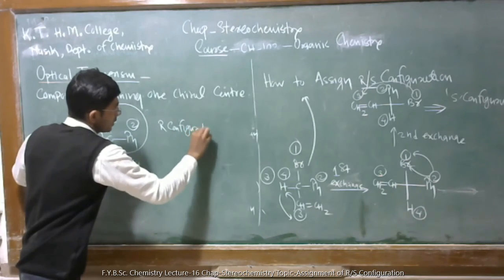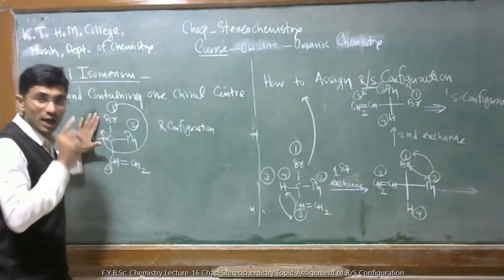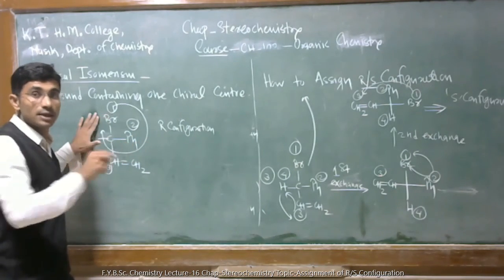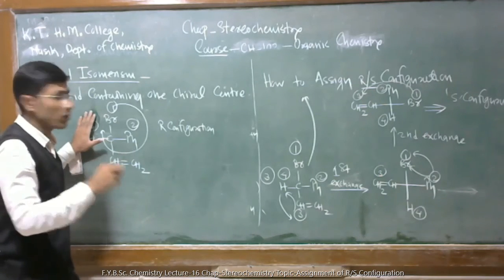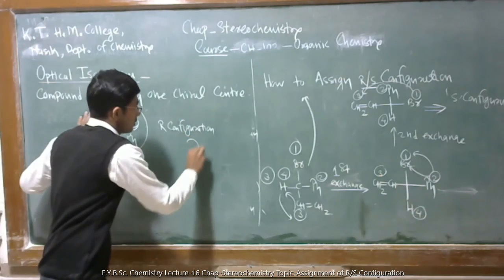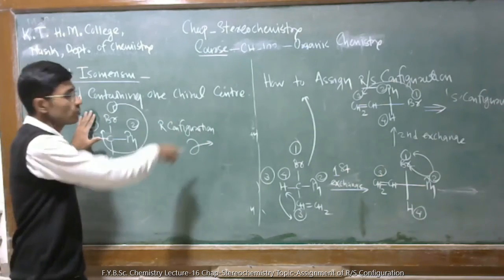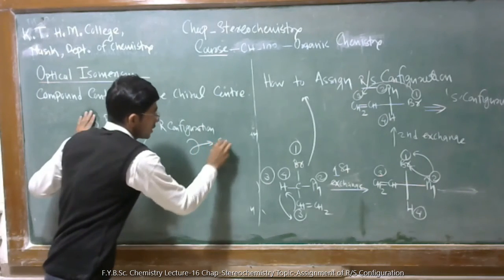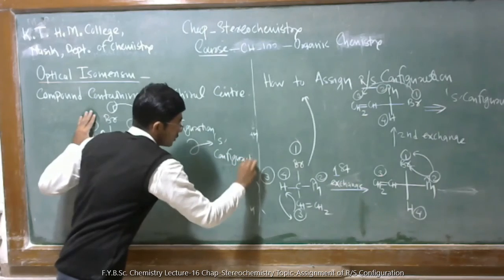But you know that very well. When the fourth priority group or last priority group is at the bottom, on the horizontal line, that time you have to invert this configuration to the S configuration.